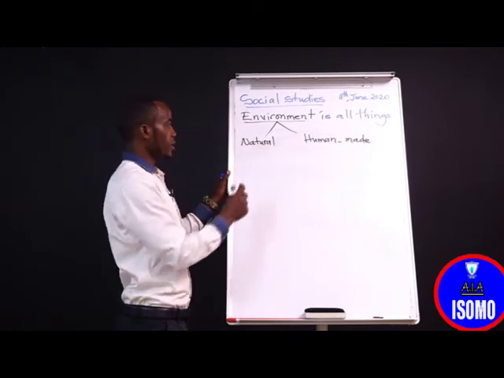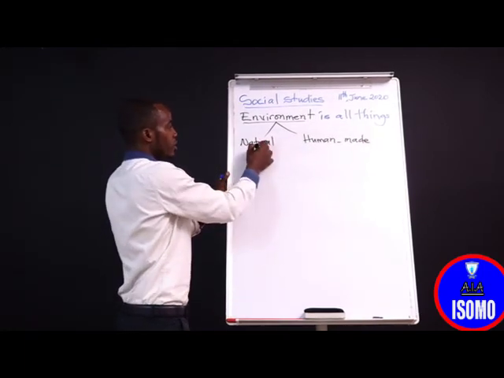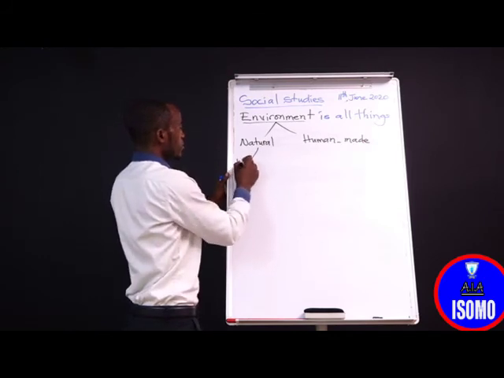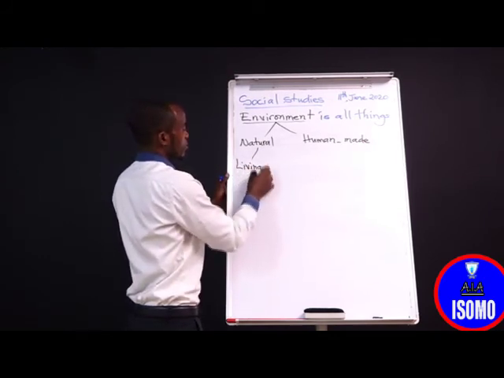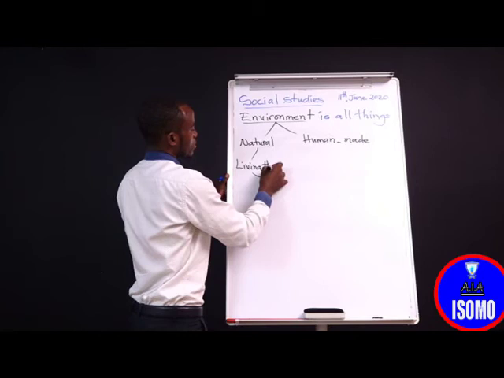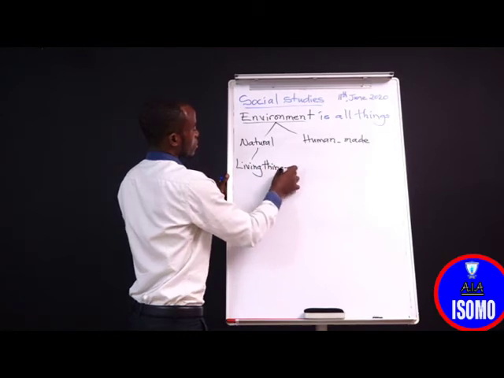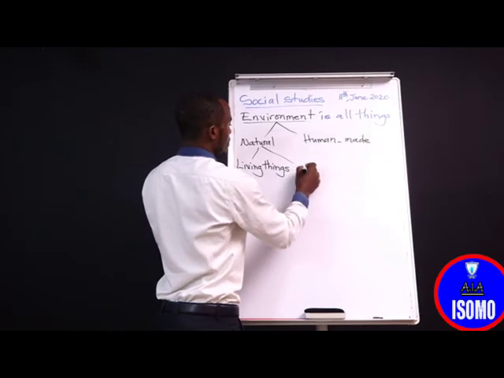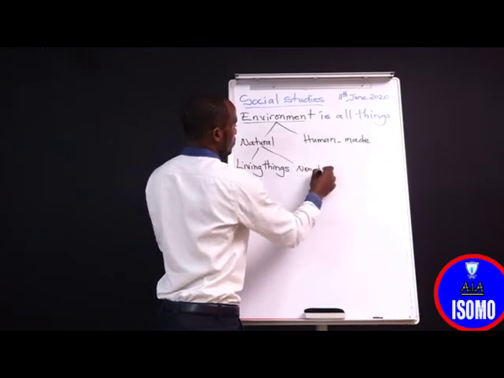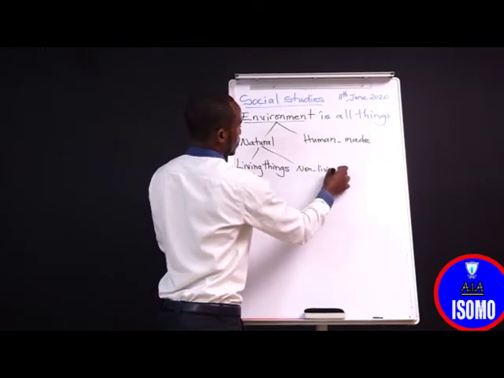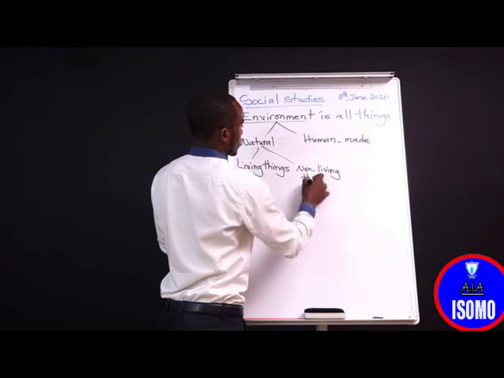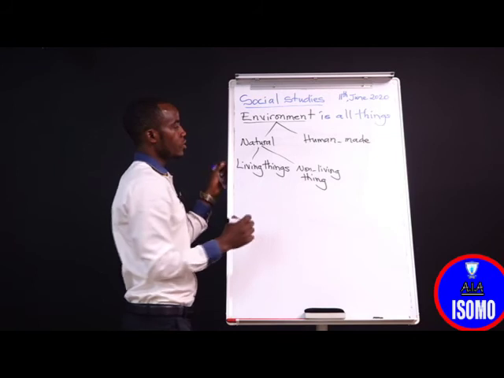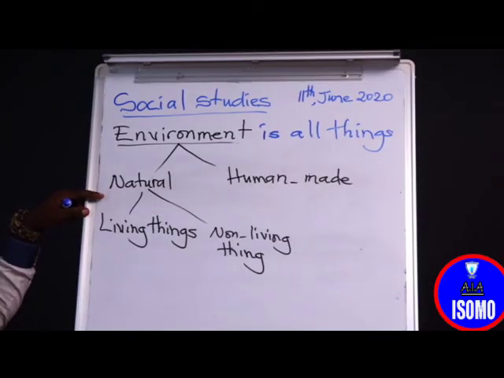In this natural environment, we have living things. In this natural environment again, we have non-living things. You see that in this natural environment, there are things made by God.